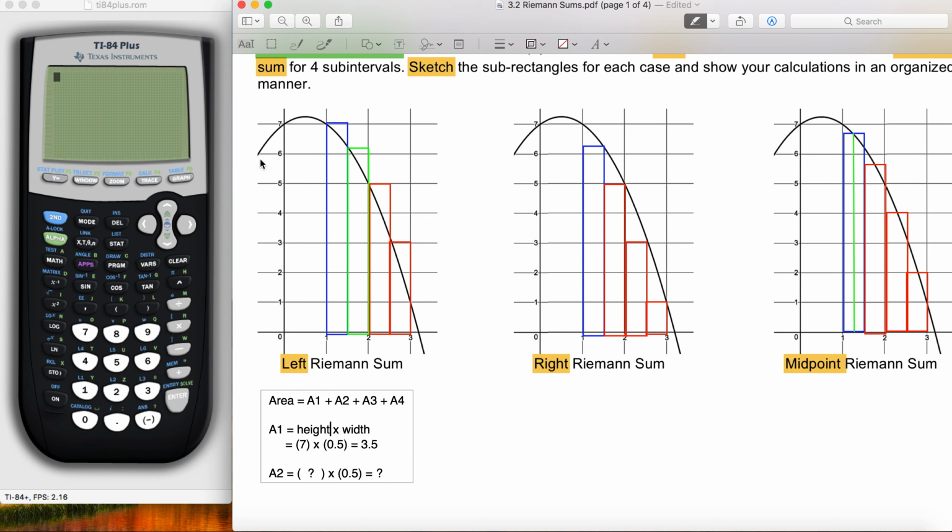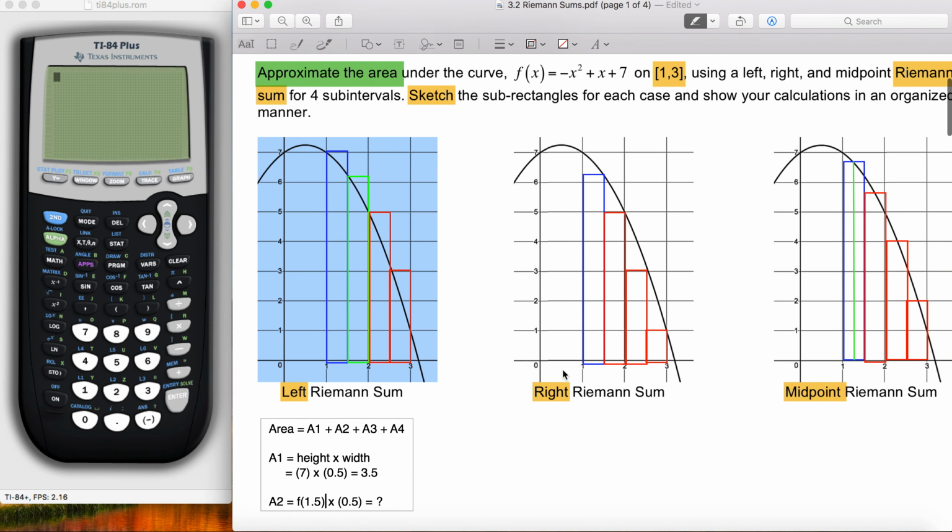Well, the key is that we are given a function, and do we know how to find the height of any function? Isn't it the y value, or the output of a function? And so all we've got to do is figure out what is the input, the x value, for this specific rectangle to find the height. And we know that for a left Riemann sum, right here is the height, and that's going to be for an x value of 1.5. So we know that the height for area 2 is going to be f of 1.5, right?